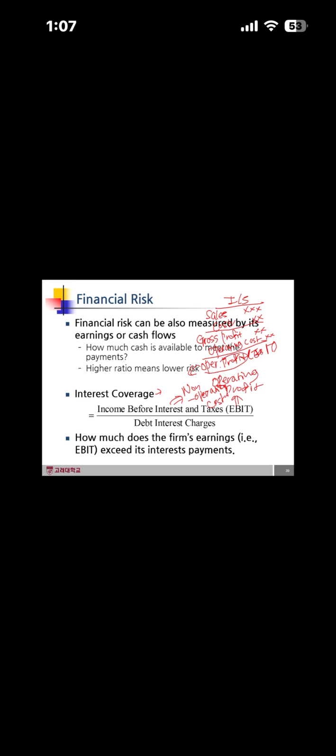So how much does the firm's earnings exceed its interest payments? So let's say this interest payment is a fixed cost you have to pay off every month or every quarter or every year. So if you earn higher profit or higher cash, you have more ability to pay your interest.